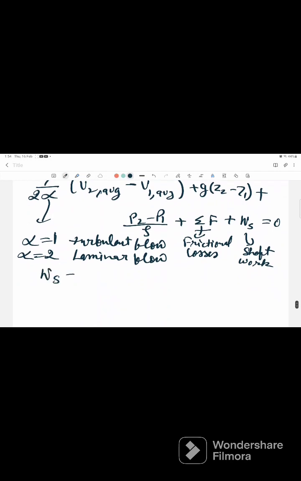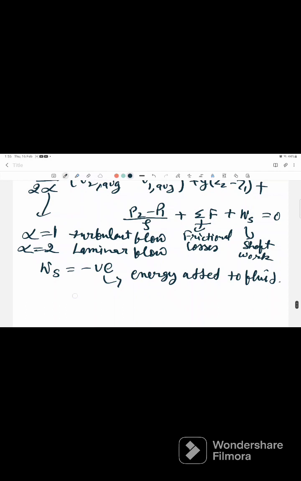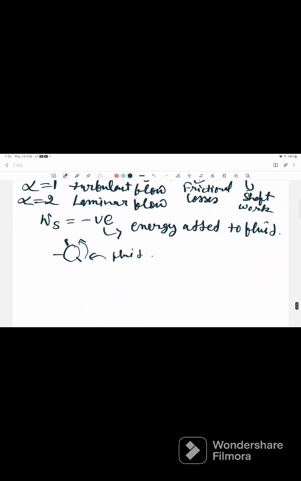Okay. Shaft work comes out to be negative. This shows that energy is added to the fluid. When the shaft revolves, then energy is added to the fluid.